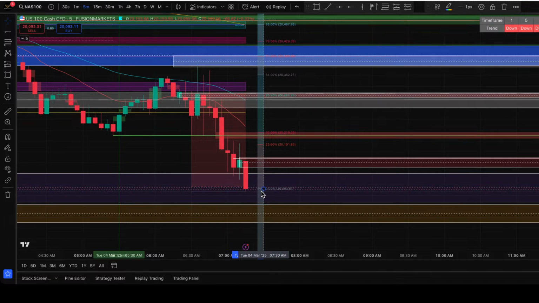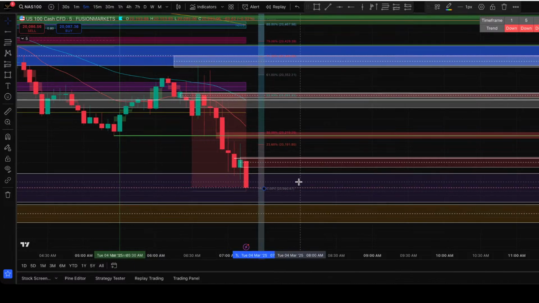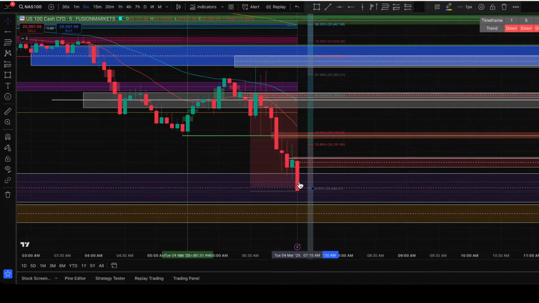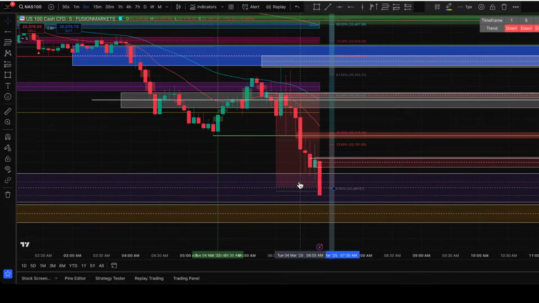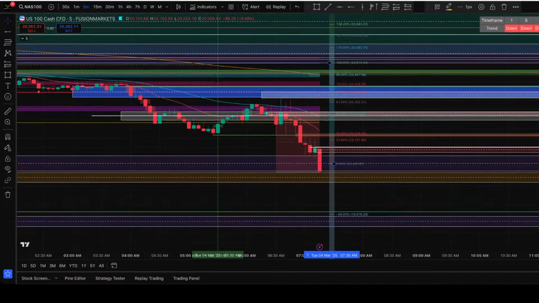This late in the game, we're continuing to still drop. Cutting right through this 4-hour fair value gap, right back to this old previous NWOG. Do we have any other levels?